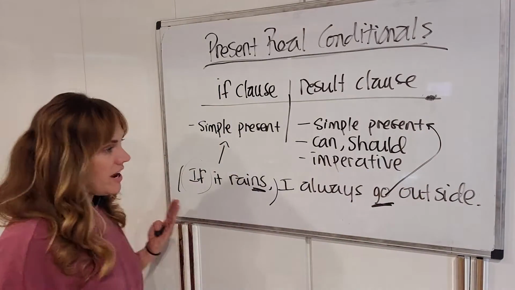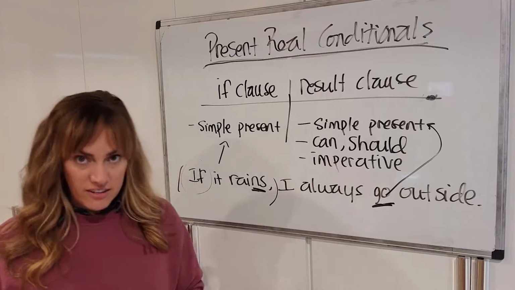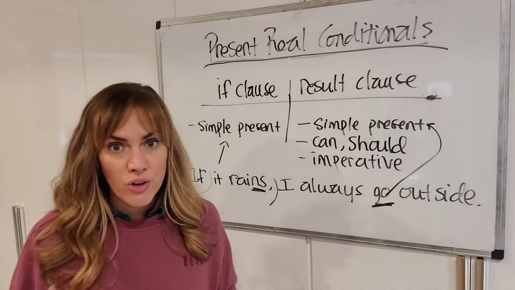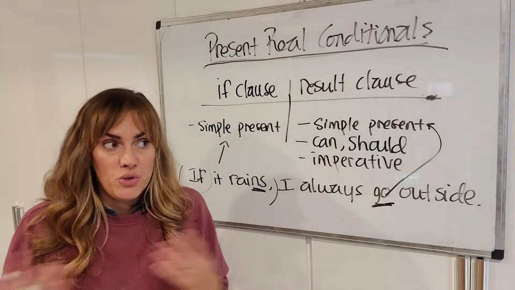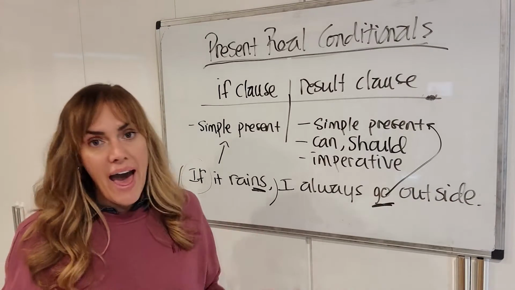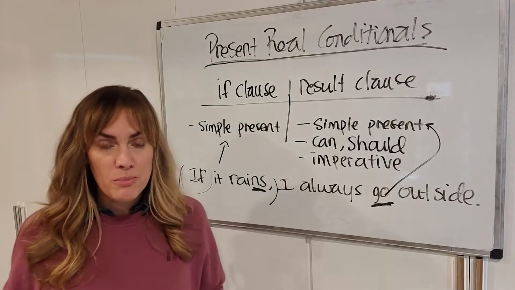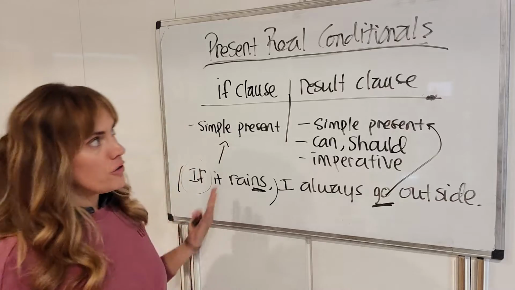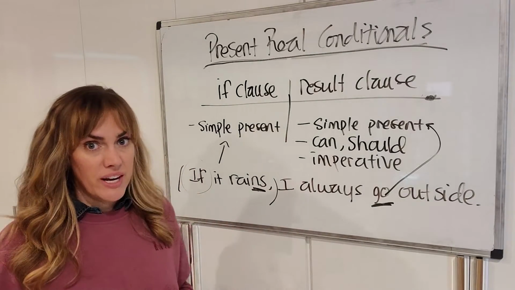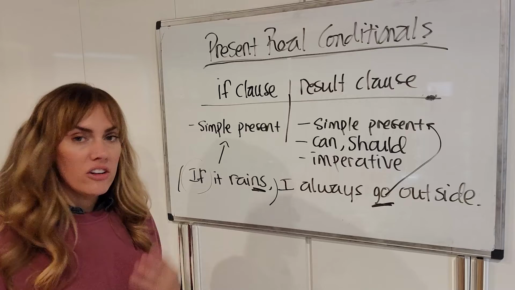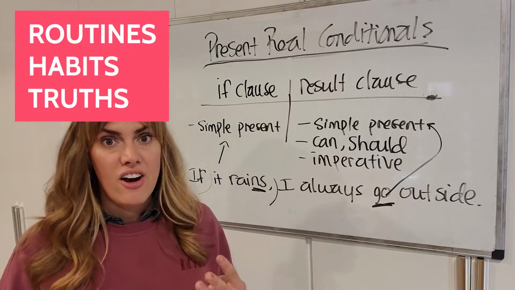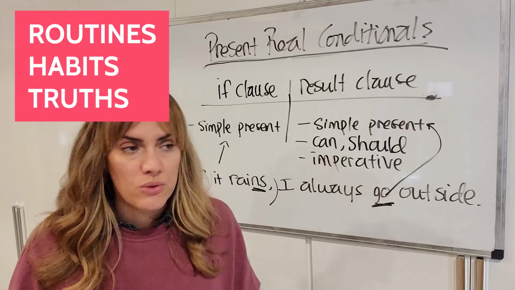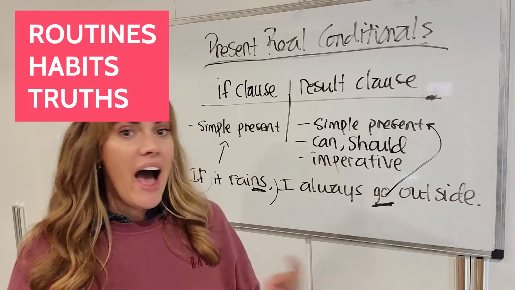So here I'm talking about something happening in the present, meaning it's a general truth. It's a sort of a routine or a habit. We use the present tense to talk about routines and habits, right? So for a conditional in the present real, we're also talking about things that are happening as routines or that are sort of facts or truths or habits.